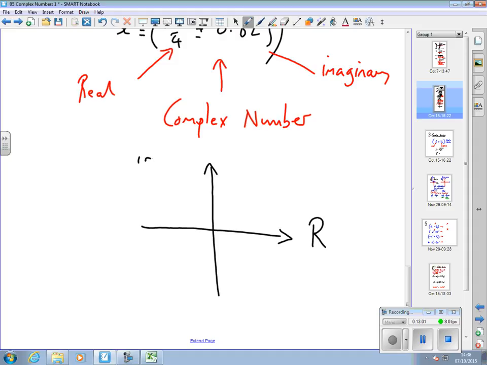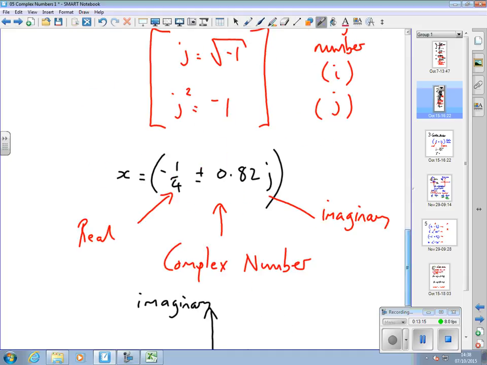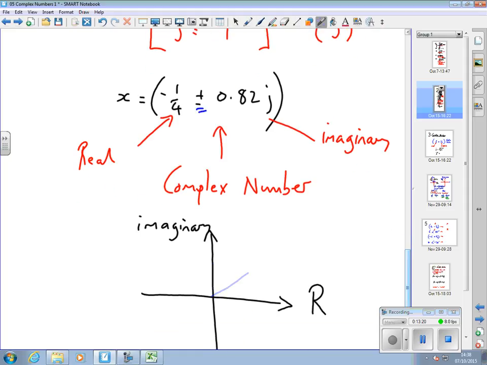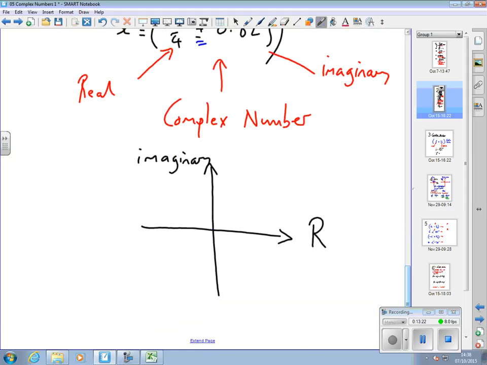So this is the imaginary axis, which means we could represent the complex number as a vector. If we look at this problem, it could be there, a quarter along there, and 0.82 up the imaginary axis. But because it could be positive or negative, we actually have two possible answers, one positive and one negative.